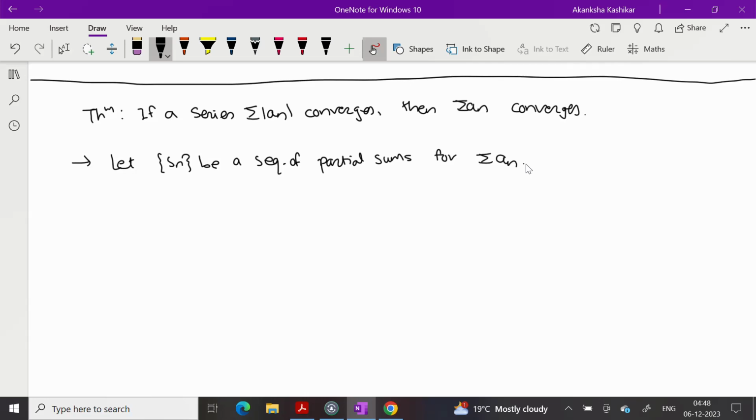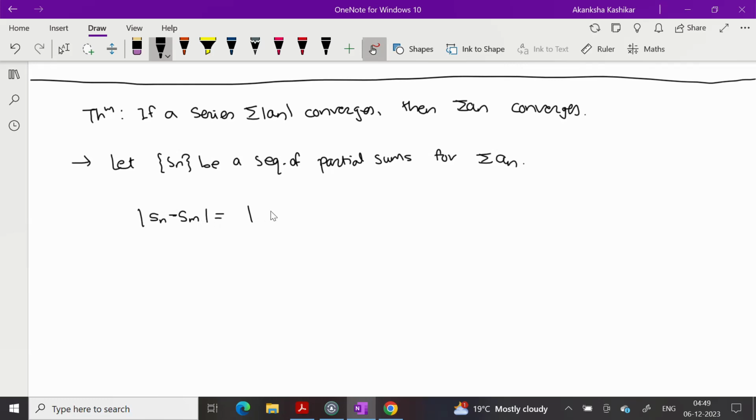We have to prove Sn converges, using the fact that summation mod an converges. So I consider Sn minus Sm to prove that it is Cauchy, because we know that on the real line Cauchyness is equivalent to convergence.